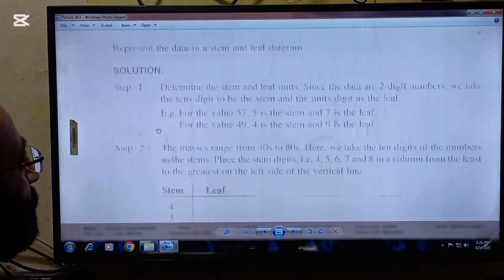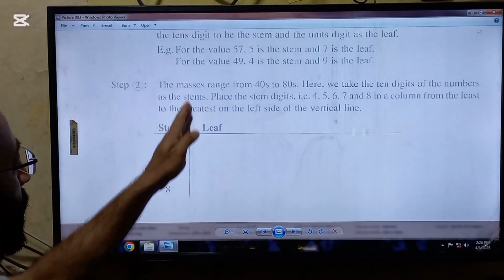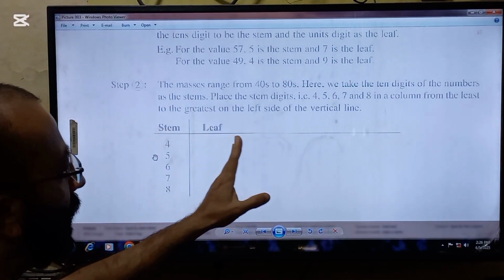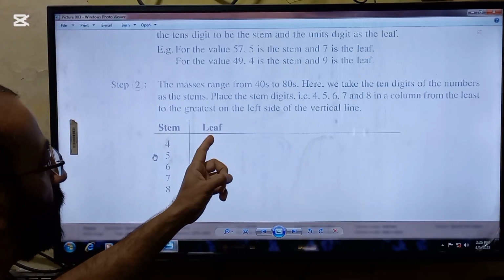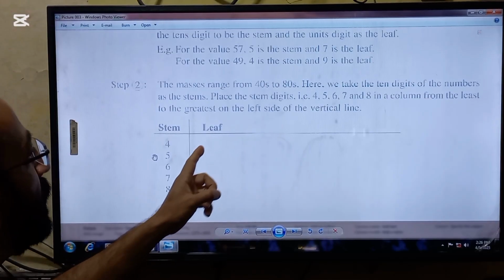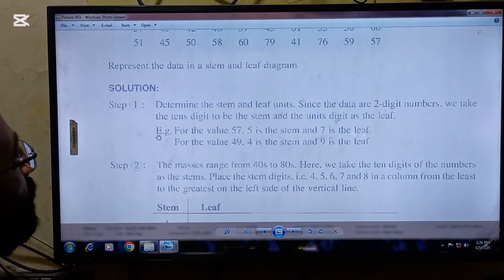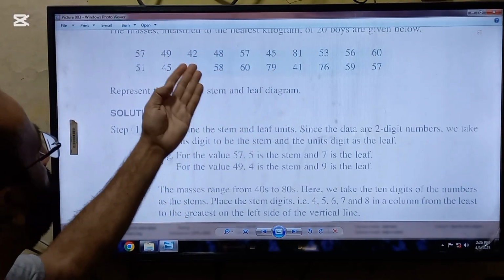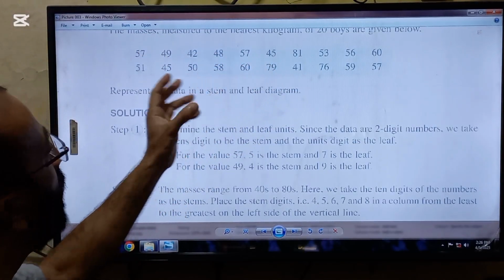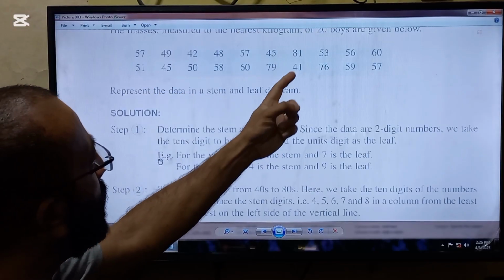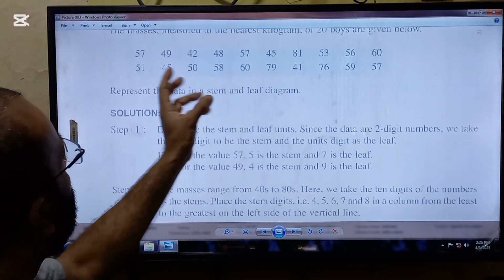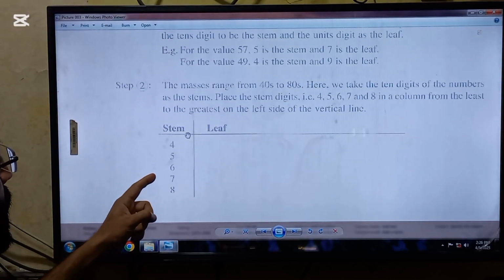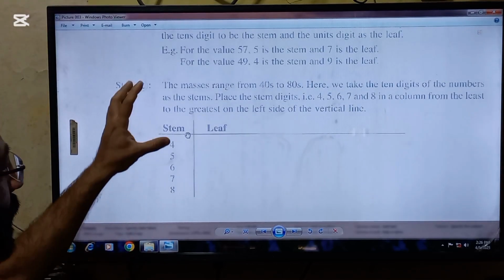So you have to draw a vertical line. On the left side you should write the stem and on the right of the vertical line you should write the leaf. Because the minimum values are in the 40s like 41, 42, 45 and the maximum values are in the 80s like 81, the stems are 4, 5, 6, 7, 8.